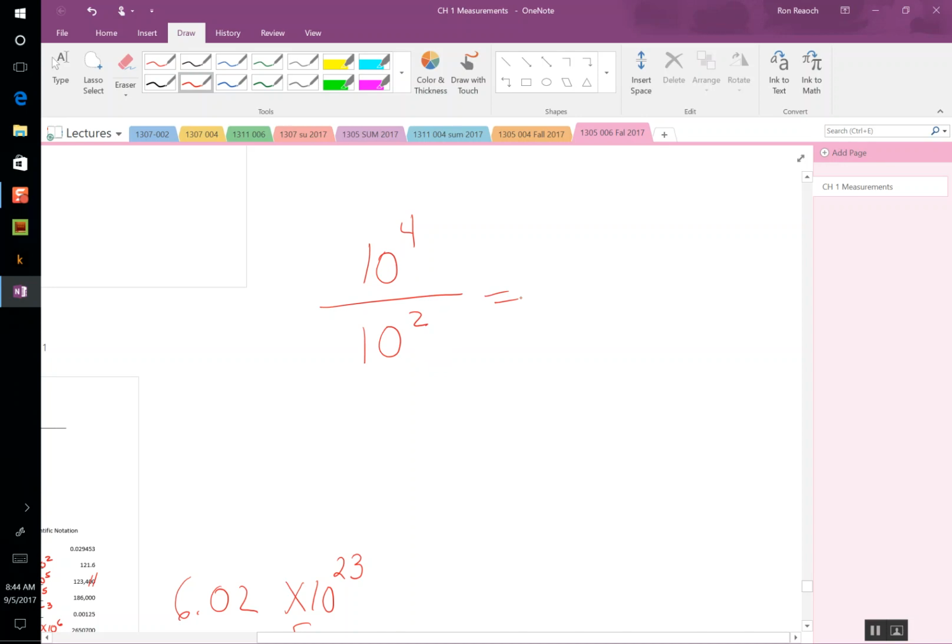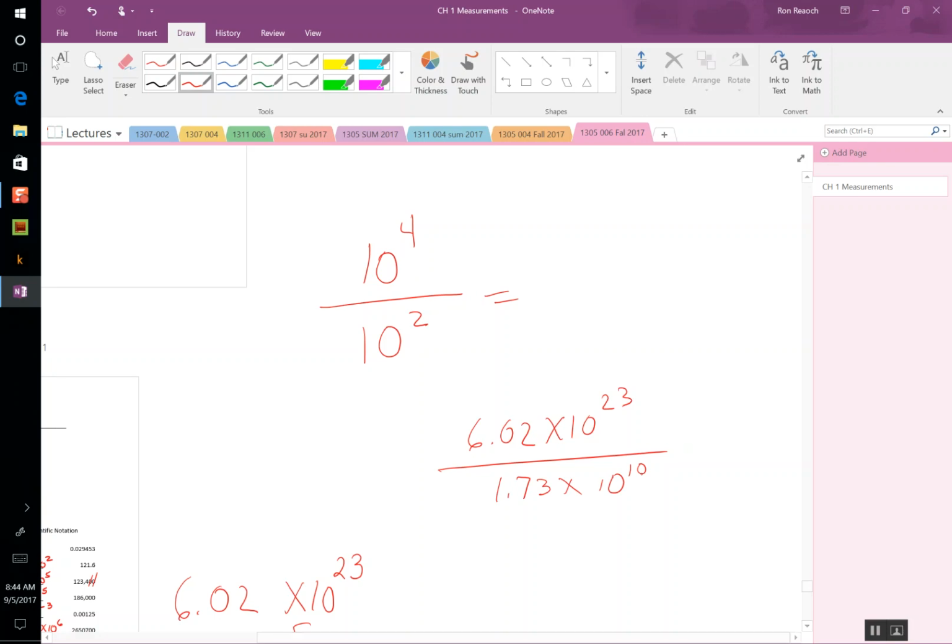And when you get into scientific notation, you might have problems like this. And you go, well, what do I do with this?